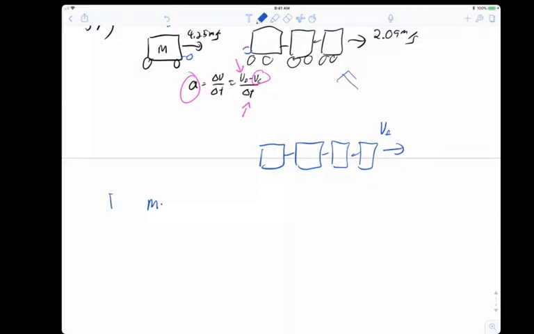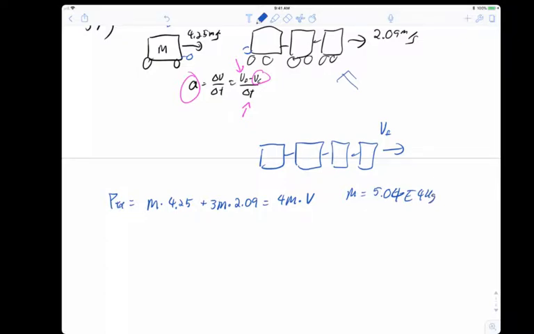P total is equal to m times 4.25 plus 3m times 2.09 is equal to 4m times v. And m is equal to, what's it called, 5.04 E4 kilograms.